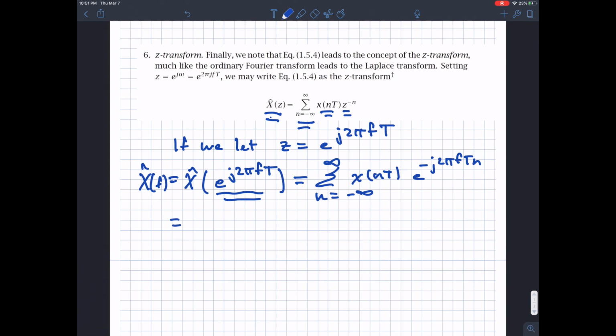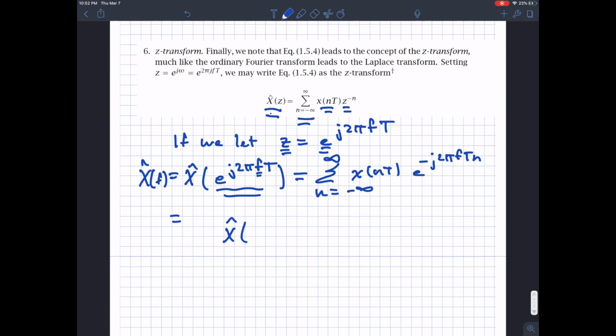And really what we're doing here is making this overt case that we're going to substitute in for Z e to the j 2 pi ft. But really, it's just a function of one independent variable. In this case, the independent variable would be f. Okay, it's more common to write this as the independent variable.